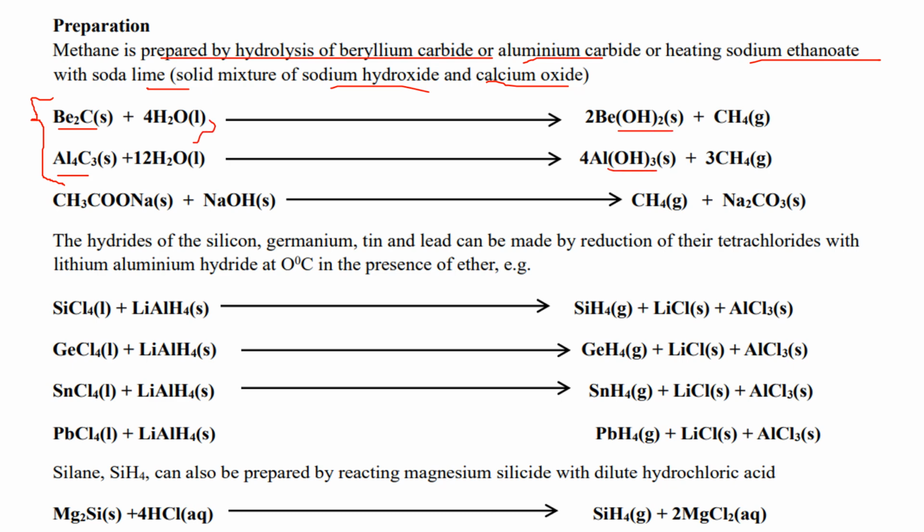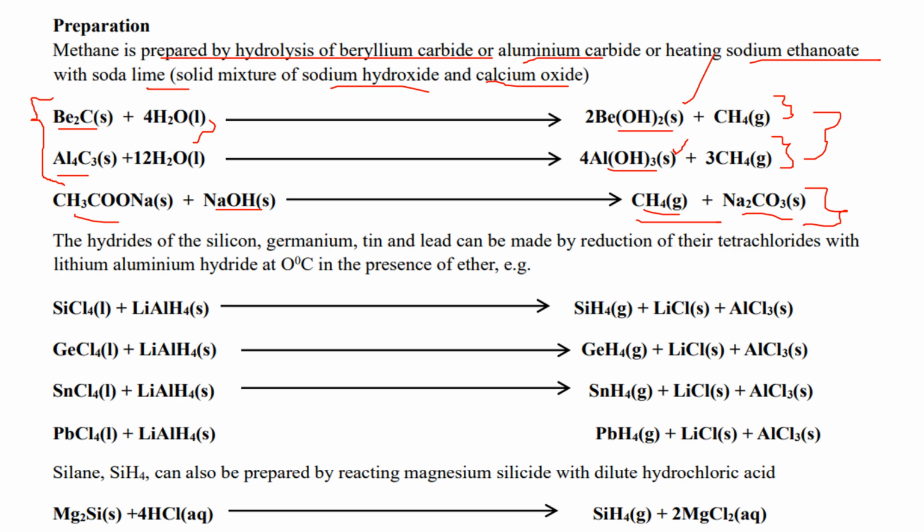Since both of them are amphoteric, the hydroxides must be solid in nature. And then after hydrolyzing, they give us methane gas. So that's how we prepare the hydride of carbon. Or you can simply react sodium ethanoate with sodium hydroxide, forming methane gas and sodium carbonate. It can also yield us the hydride of carbon.